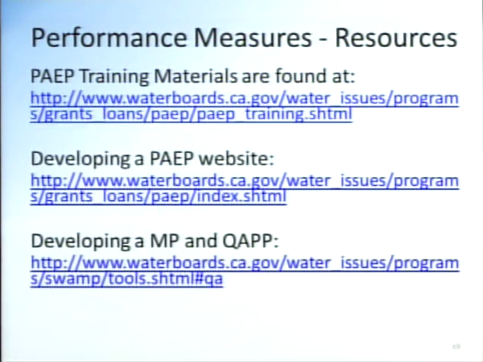And there are lots of resources on monitoring plans and QAPPs on the SWAMP website. There's actually a template for a QAPP that you can get online and fill out, and it'll actually fill out your QAPP for you.